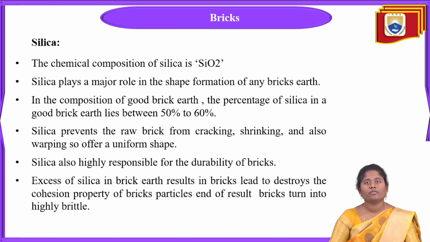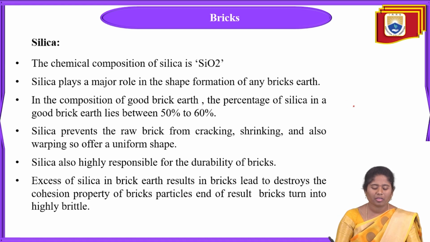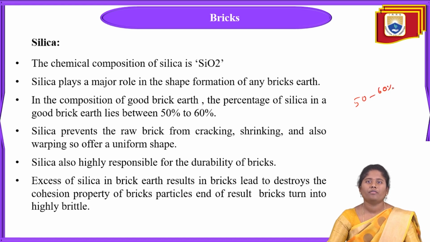In the composition of good brick earth, the percentage of silica lies between 50 to 60%. Silica prevents the raw brick from cracking, shrinking, and warping, meaning it can offer a uniform shape.